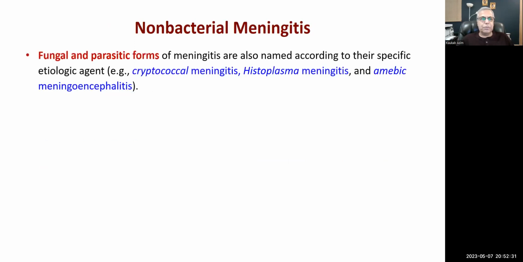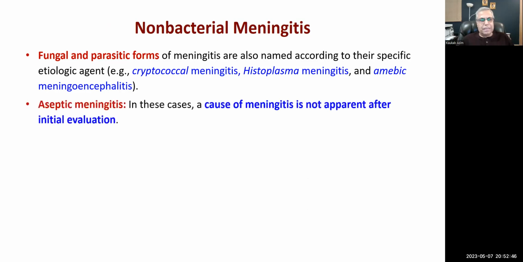Non-bacterial meningitis could be fungal and parasitic forms. We're not going to those details because they are not as common as bacterial meningitis, but there are many etiologic agents like cryptococcal meningitis, histoplasma meningitis, right? Then aseptic meningitis, we have a slide on that. In these cases, a cause of meningitis is not apparent after initial evaluation.